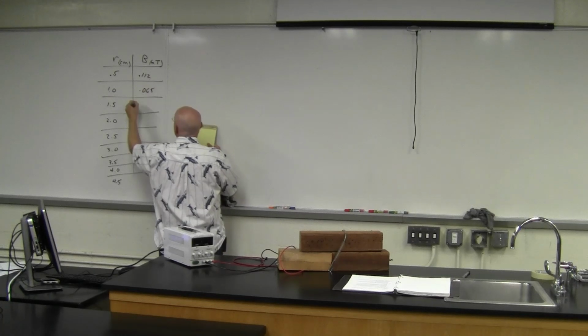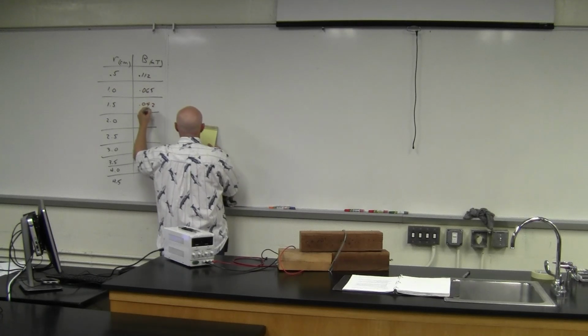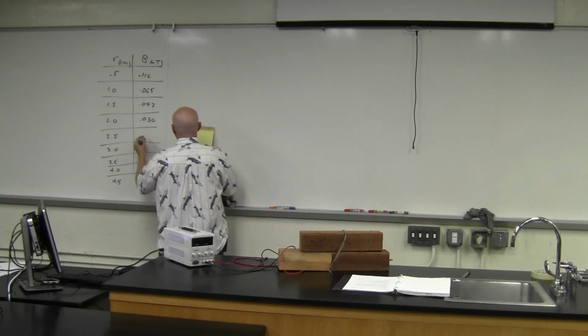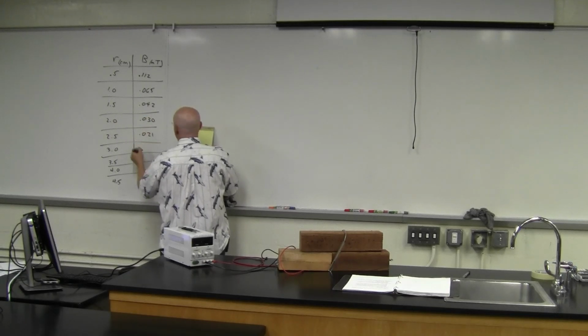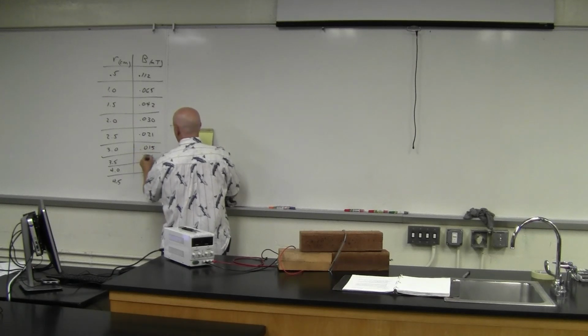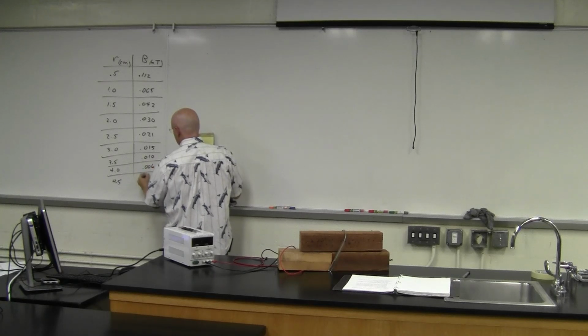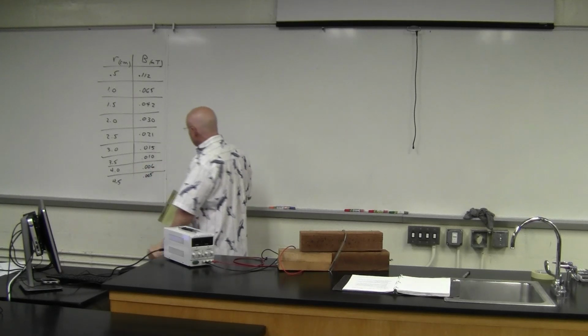then 0.065, then 0.042, then 0.030, then 0.021, then 0.015, 0.010, 0.006, 0.005. And so those are the numbers I got.